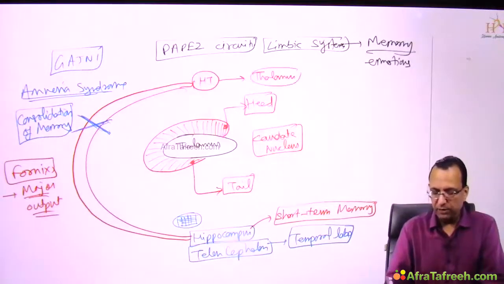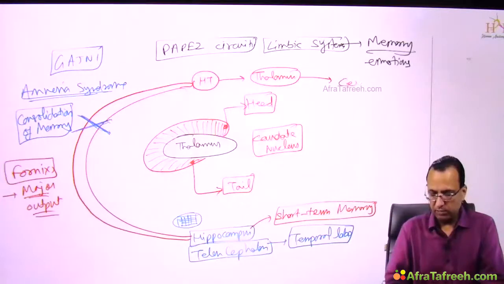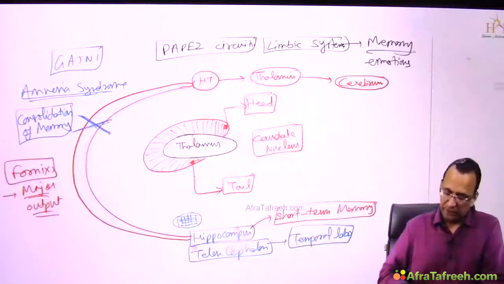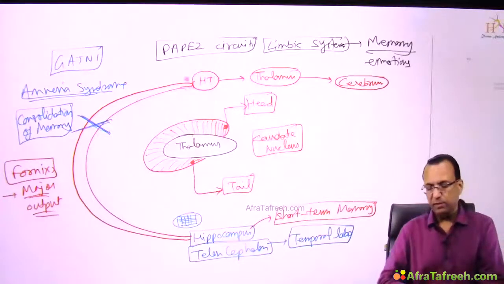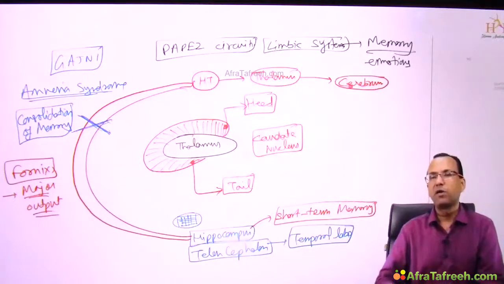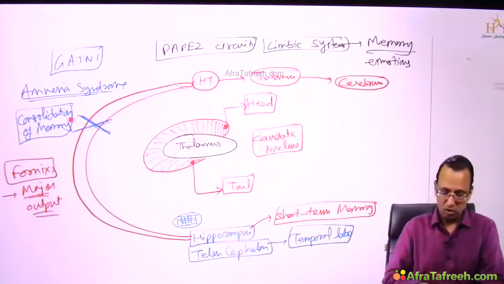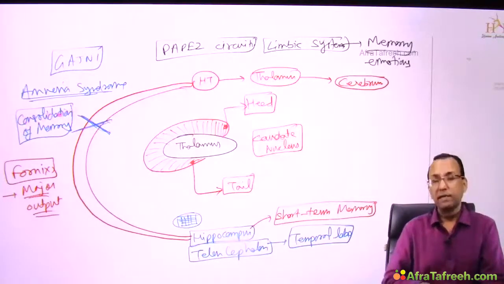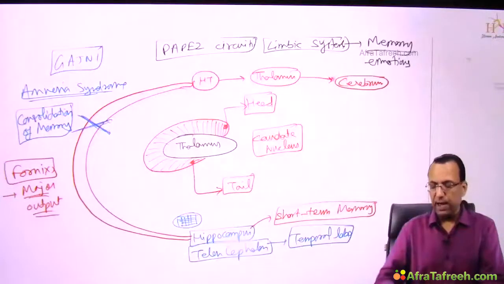And then the thalamus will send it to the cerebrum, because once the memory is spread across the cerebrum, then it becomes long-term memory.